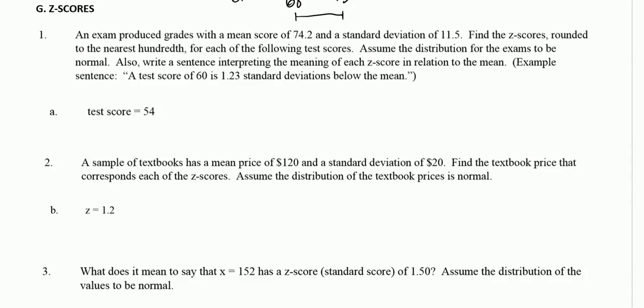So, we have a test score and a z-score. The z-score is your test score, your actual value, so 54, minus the mean. So our mean is 74.2, divided by the standard deviation.